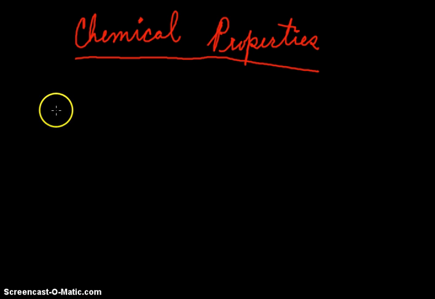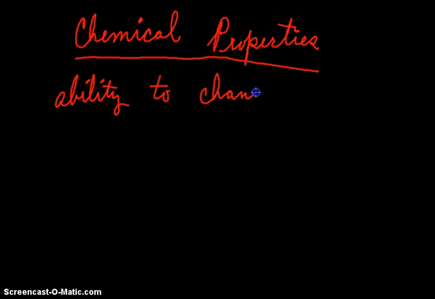Chemical properties are basically isolated into two different areas, and both of them have to do with its ability to change. To change into some other substance, okay? Not just like change shape or color or size or something like that, but to change into a different substance.